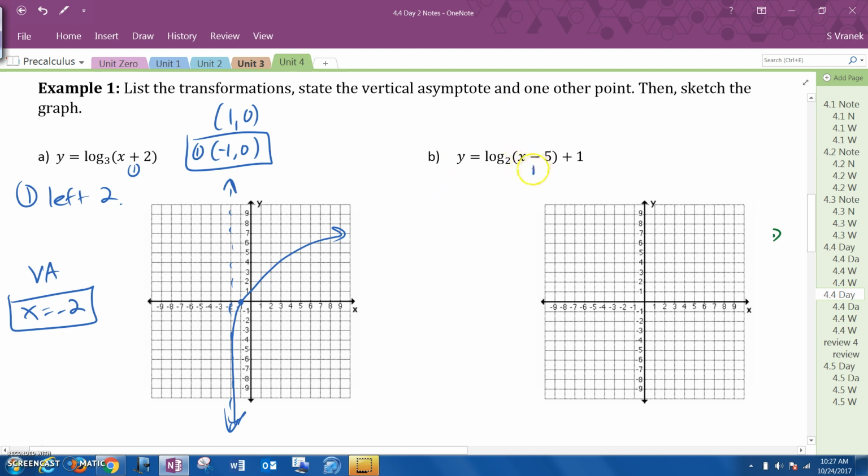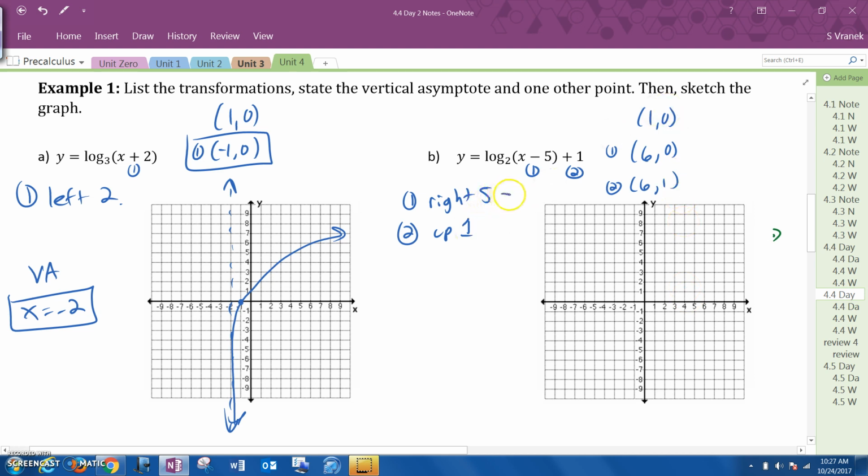So here we have two transformations. The first one is right 5. The second one is up 1. So if I start the point at (1, 0) like I'm supposed to, if I move right 5, it is now at (6, 0) after the first transformation. After the second transformation, if I move it up 1, it's at (6, 1).